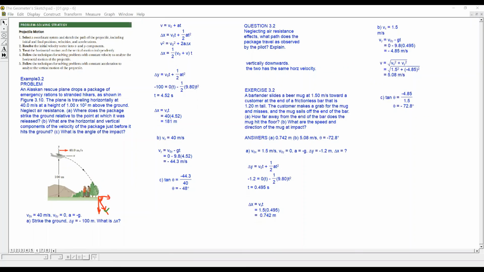Now this one is not in your syllabus, the relative velocity. Coming back to here, any questions so far? Hello, are you with me?